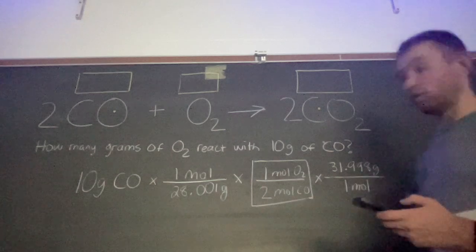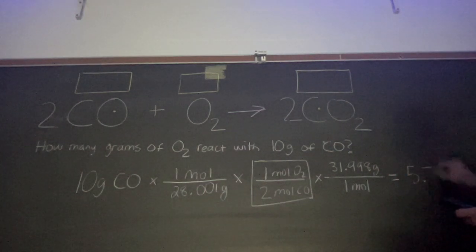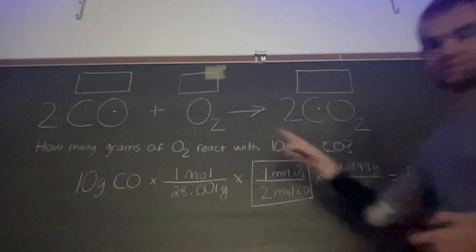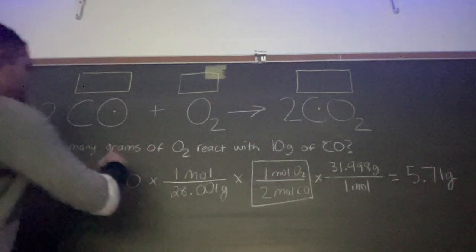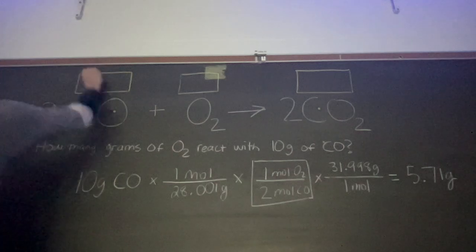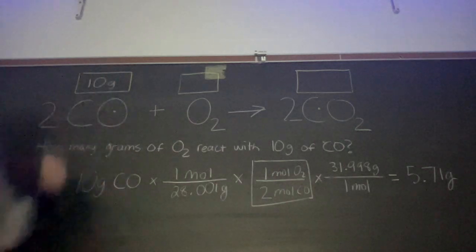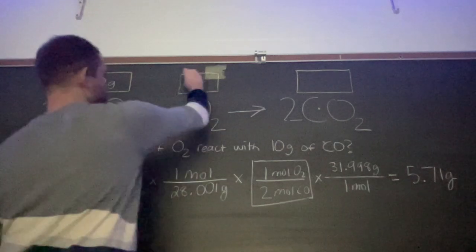And I'm getting 5.71 grams. So I'm going to fill these little boxes above with my gram amounts. So CO right here, we started with 10 grams of CO. So I'm going to put 10 grams in the box. And we just calculated that we now have 5.71 grams of O2.